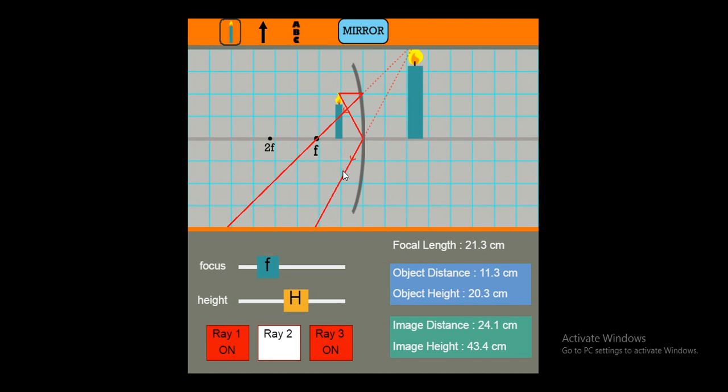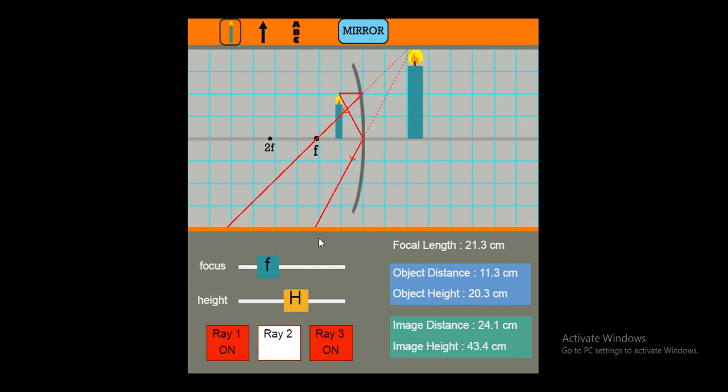After the reflection it travels back, making an angle of reflection equal to the angle of incidence. These two angles are equal. This is the reflected ray.